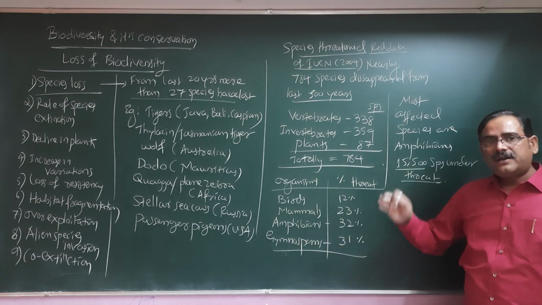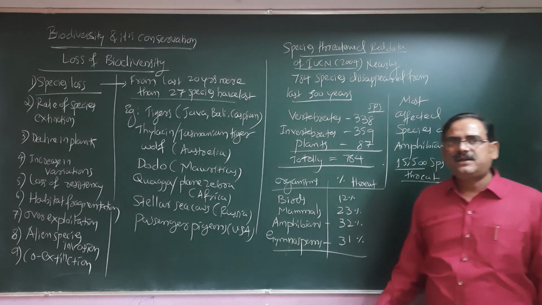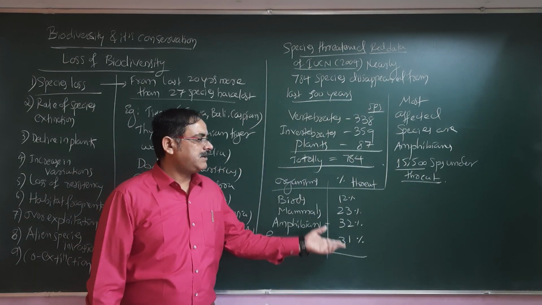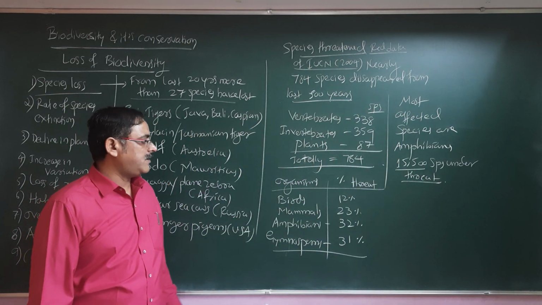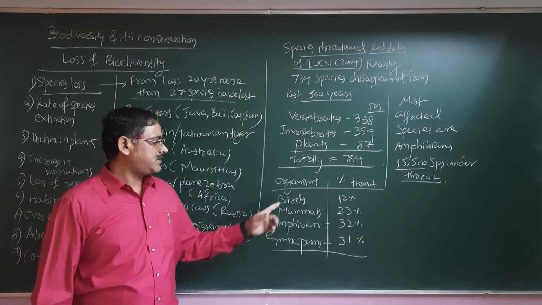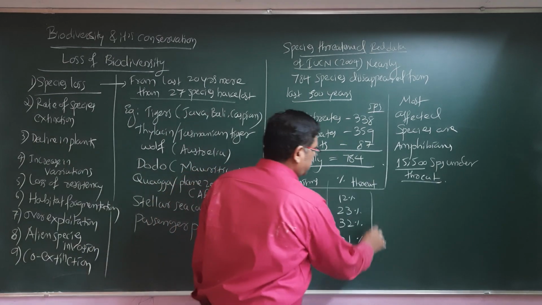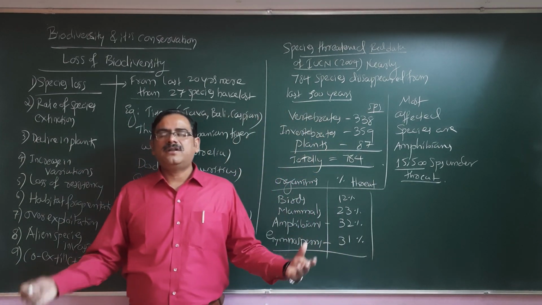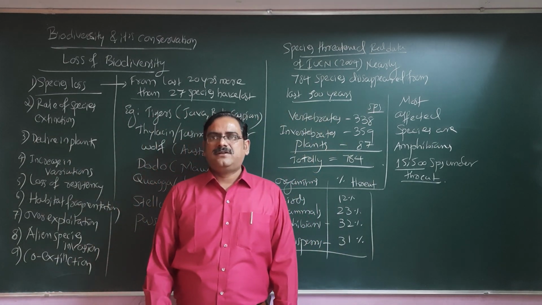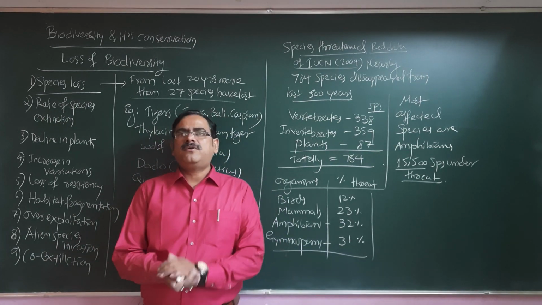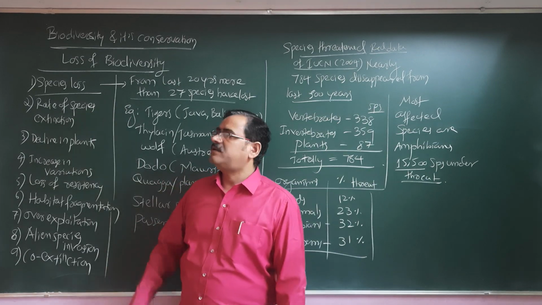Most importantly, amphibians, 15,500 species, are under threat. Percentage-wise, birds 12%, mammals 23%, amphibians 32% and gymnosperms 31% are under threat. This scenario is all due to human greediness and over-exploitation.